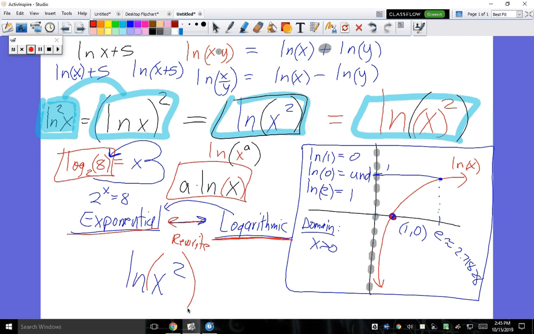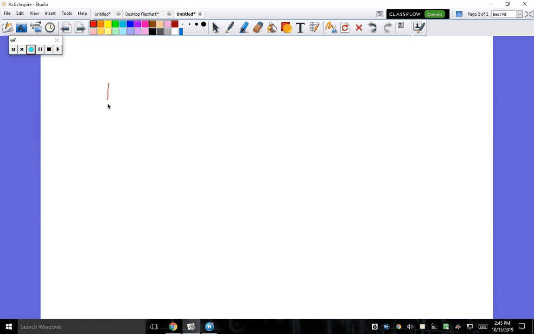Anything that follows the natural log that's multiplied, you're going to include it all in the argument. So if I were to give you something that looked like this, natural log of xy squared plus 5, you would assume that everything after the natural log, whatever's multiplied together, is going to be in the argument.